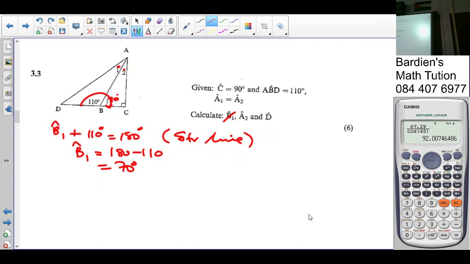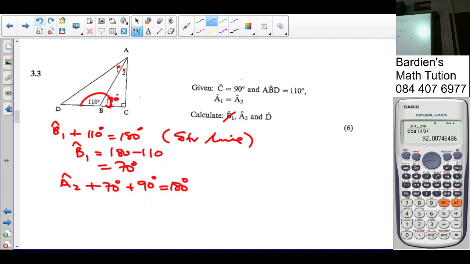Not so? So I'm going to calculate A2. Sum of angles of a triangle, okay? In this triangle, we're going to say that angle A2 plus 90 plus 70 equals 180.